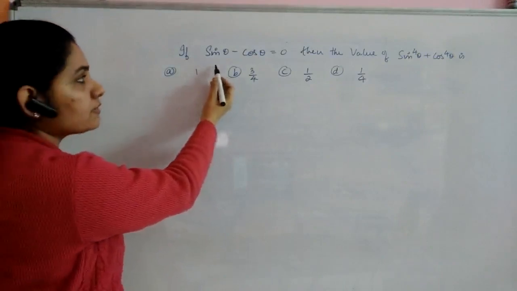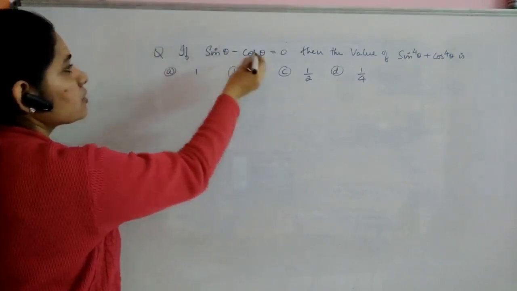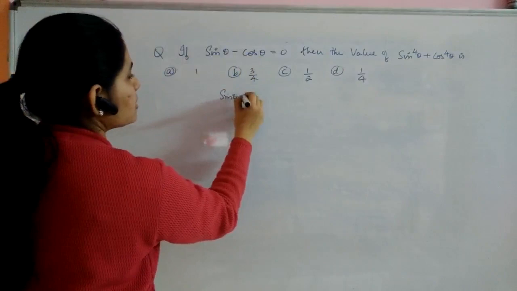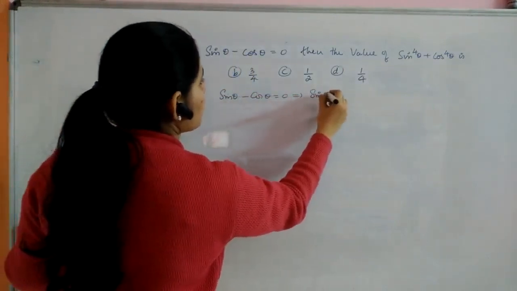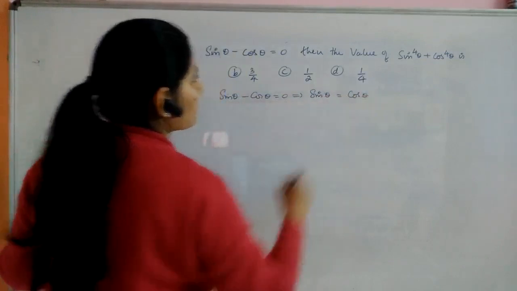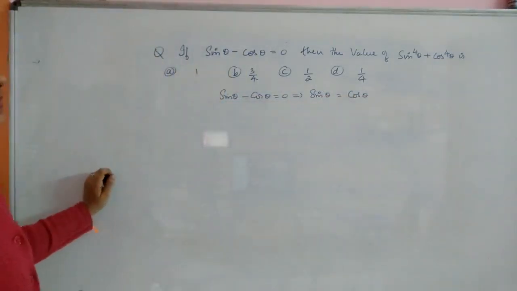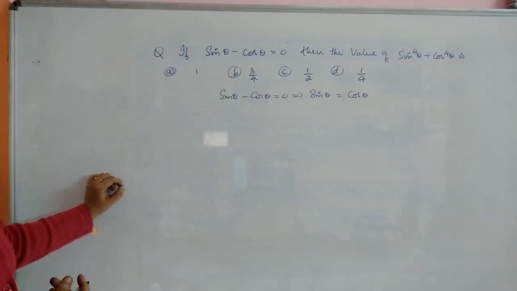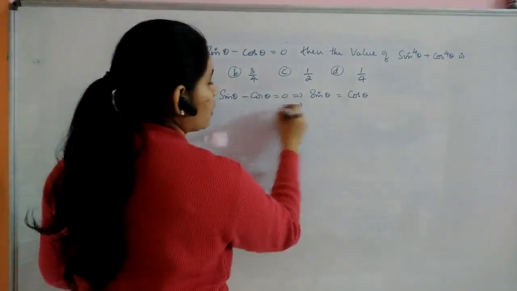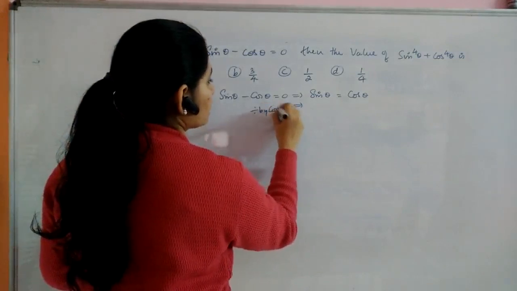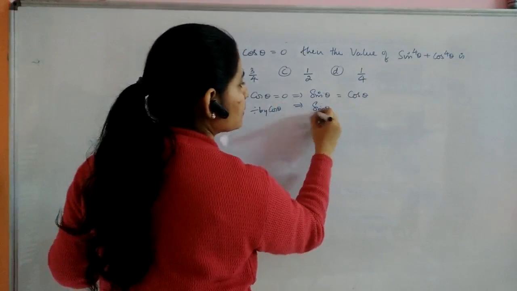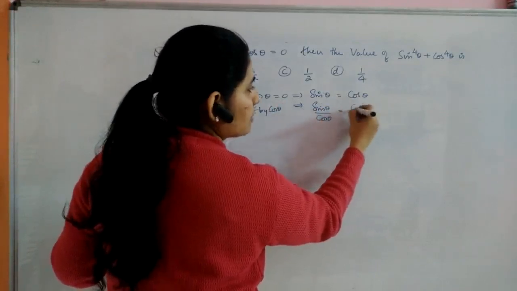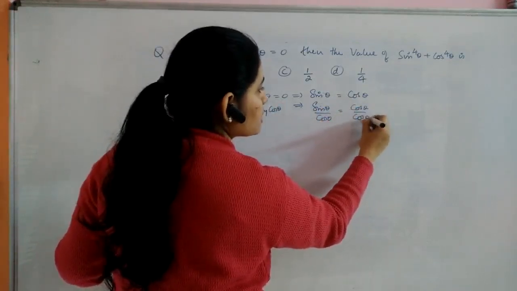In the question, what is given? Sin theta minus cos theta is equal to 0. So from this, you will get sin theta is equal to cos theta. Right? If you divide throughout by cos theta, you get sin theta by cos theta is equal to cos theta by cos theta, which is not changing your value.